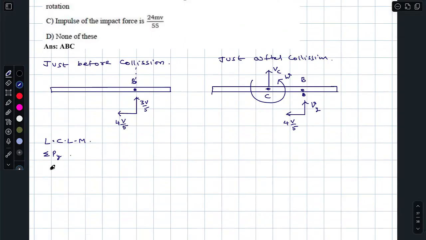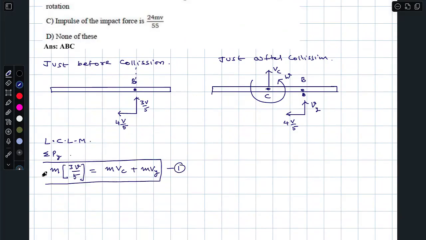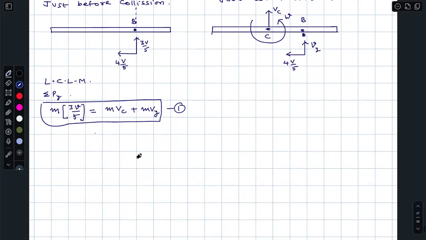So therefore, this is equal to that, equation 1. Any doubts?